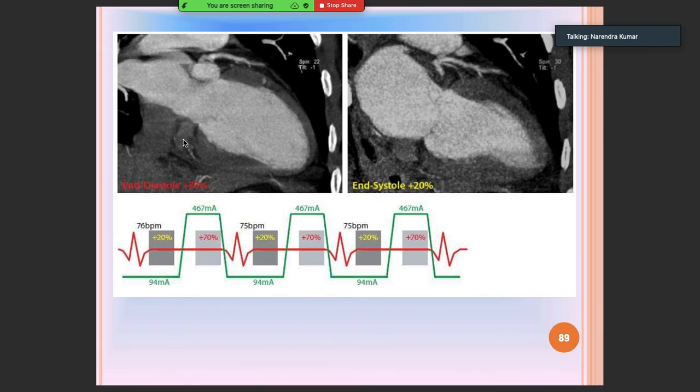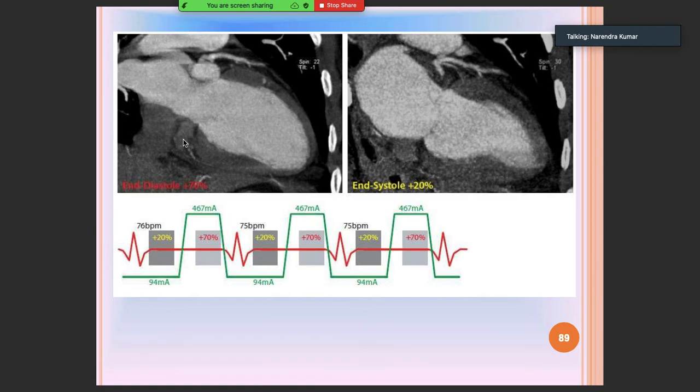So limitations include, and we should all be aware, that radiation risk is of course there, and extensive calcifications can make it more difficult. Similarly, if the patient has a stent, spatial resolution can be a big problem.